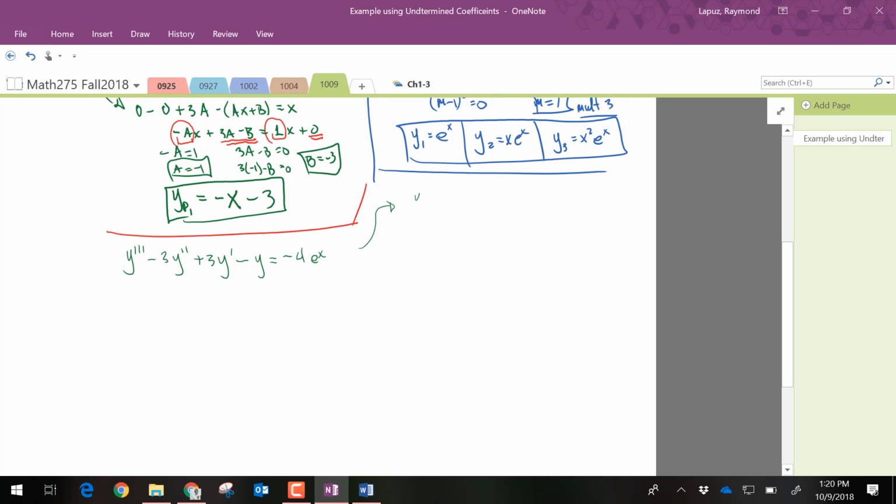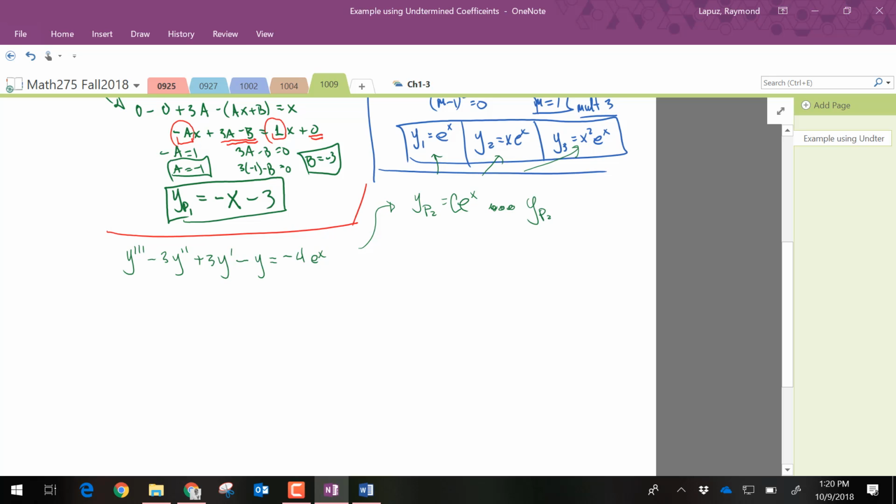Now your y sub p2, the second particular solution, would normally be some constant times e to the x. But unfortunately, that matches with that. And if I multiply that by just an x, it'll match with this. And if I multiply that with another x, it'll match that. So we need to go x cubed. That's a bummer.